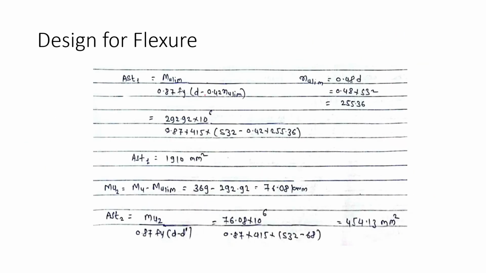In short, I will explain the doubly reinforced design. In doubly reinforced design, first we calculate AST1 by using Mu limit. The formula is Mu limit divided by 0.87 fy times (d minus 0.42 xu limit), where xu limit we can calculate using the formula 0.48 d, where d is the effective depth.